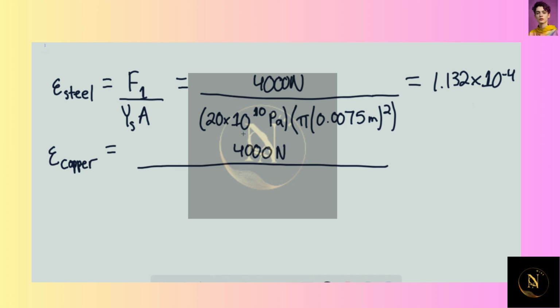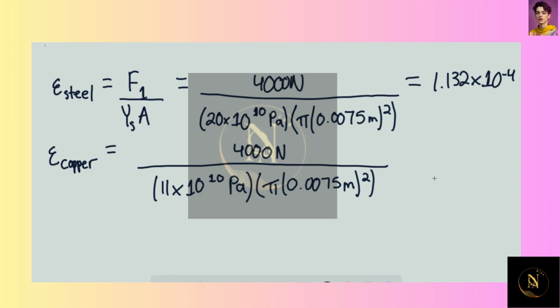And then instead of 20 times 10 to the 10th, it'll be 11 times 10 to the 10th pascals. That'll be the Young's modulus for copper, times pi times 0.0075 meters squared. So that would be the area, the cross-sectional area of the copper rod.